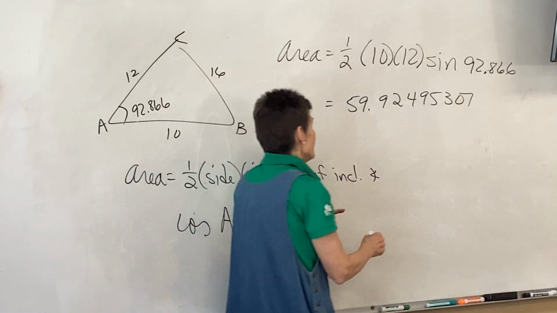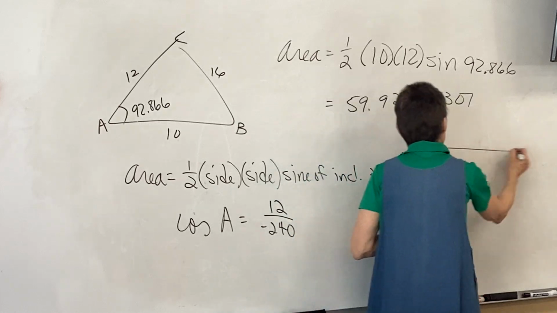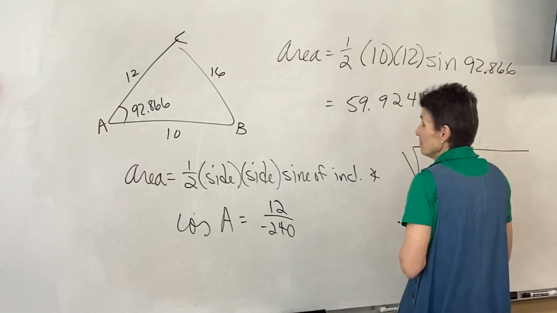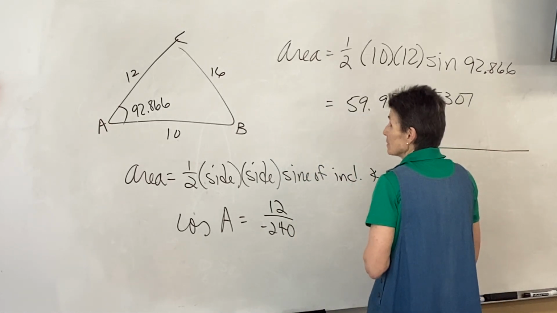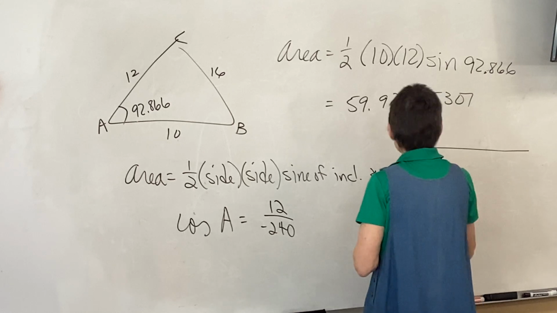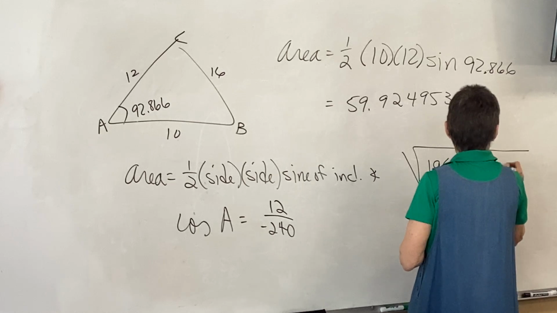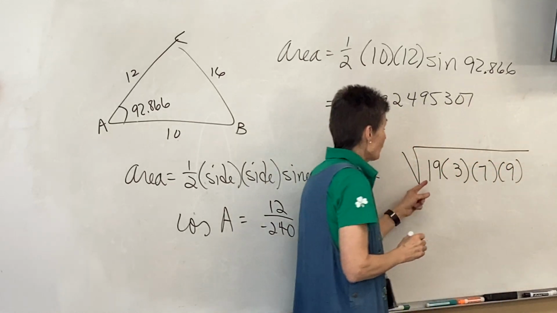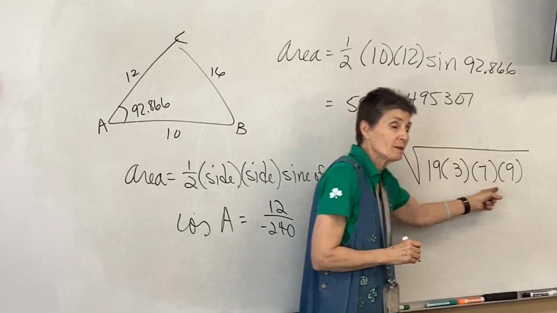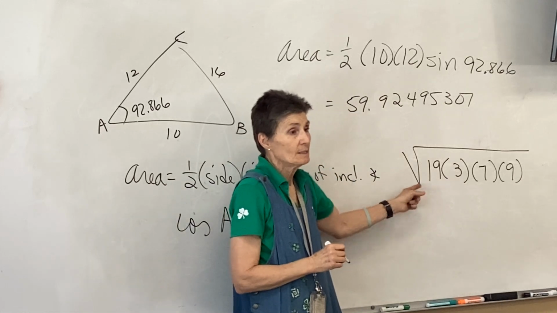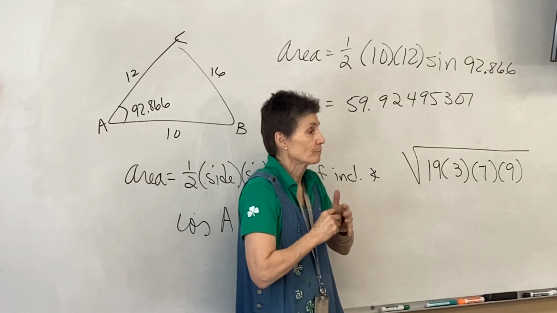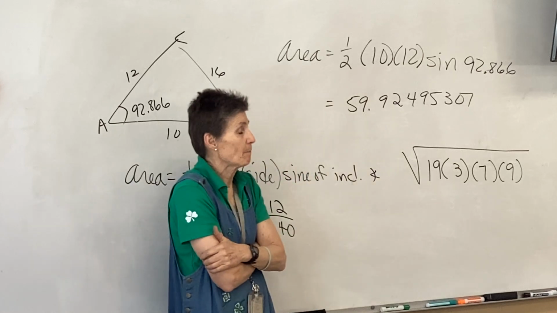All right? I want you to type in on your calculator these numbers. I want you to multiply those numbers together and take the square root and tell me what happens.